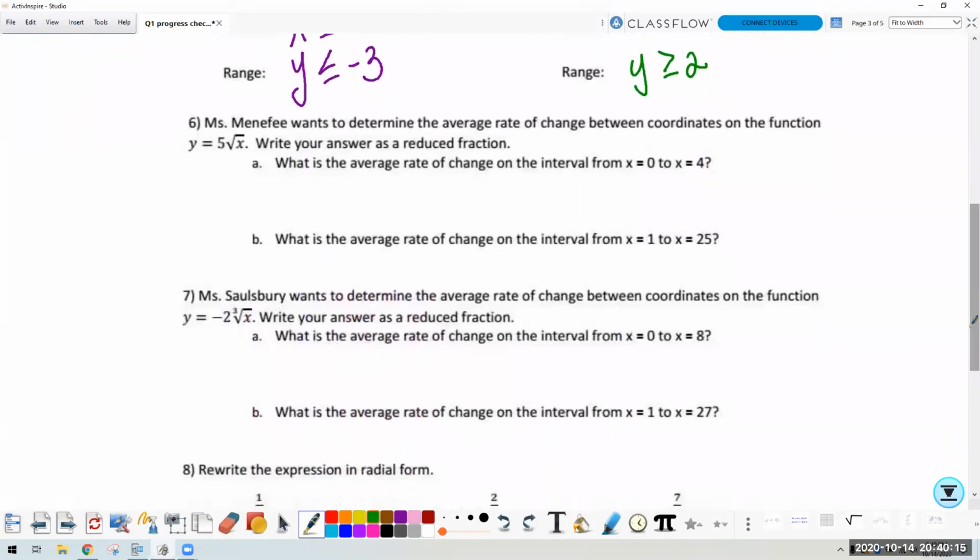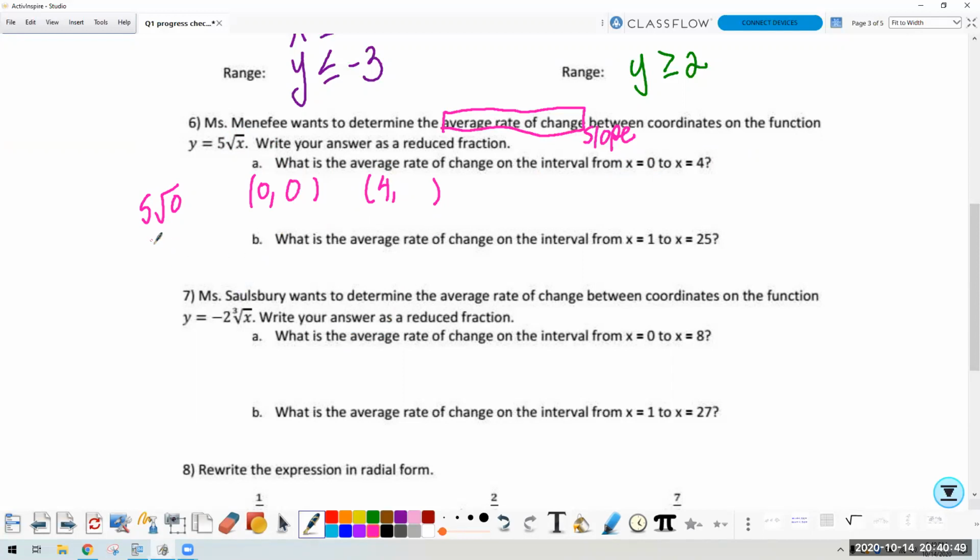Ms. Menifee wants to determine the average rate of change. Anytime I see the words average rate of change, I think slope. This is back to Algebra 1, slope. Between the coordinates of the function y equals 5 root x. Write your answer as a reduced fraction. Okay, well I have x's, I need y values. So 0 comma something, 4 comma something. When I substitute 0 into my equation, Ms. Menifee will get 0.